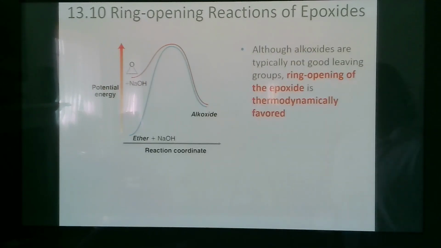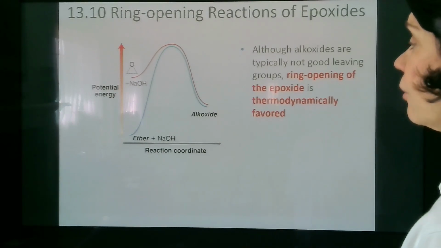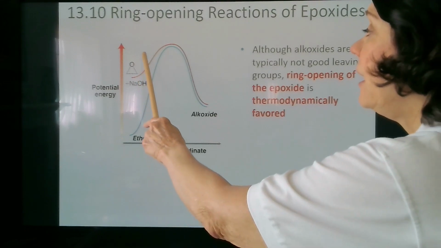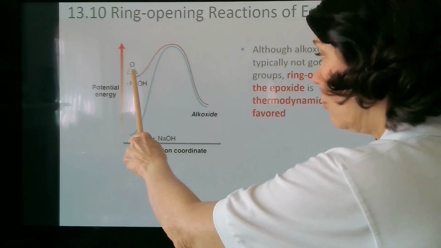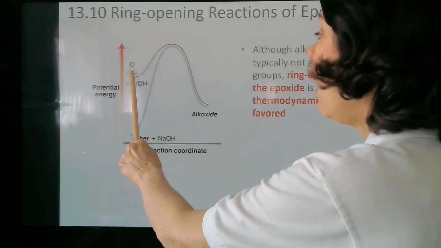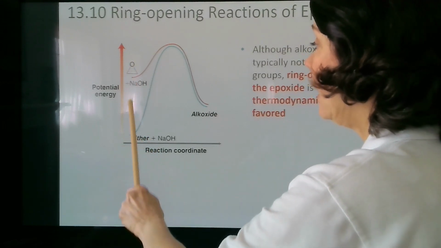The ring opening reactions of epoxides are thermodynamically favored. You can see that here the epoxide is an ether, of course, and it's high in energy because of the ring strain.